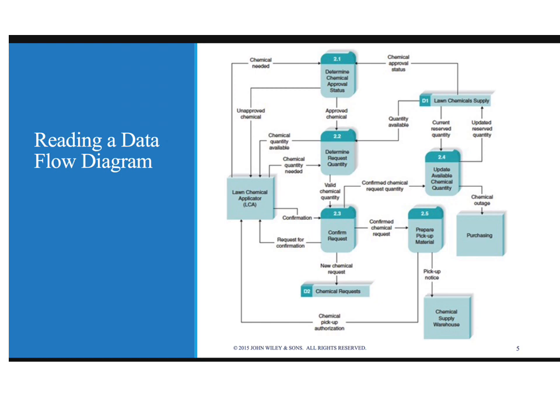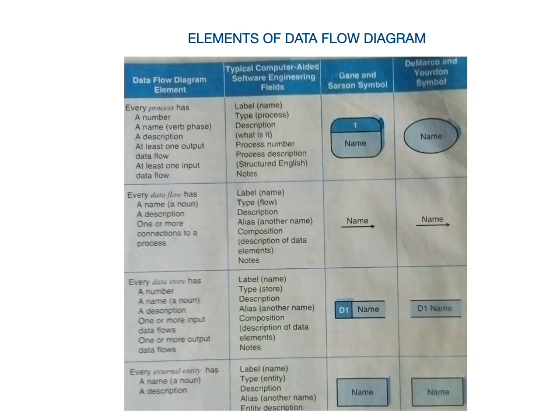Before we can interpret this very well, we should be familiar with some of the elements of the data flow diagram, some symbols that are used here. Each of these symbols represents something. What are these elements? Basically, you can see four elements there, which are the process, the data flow, the data store, and the external entity.